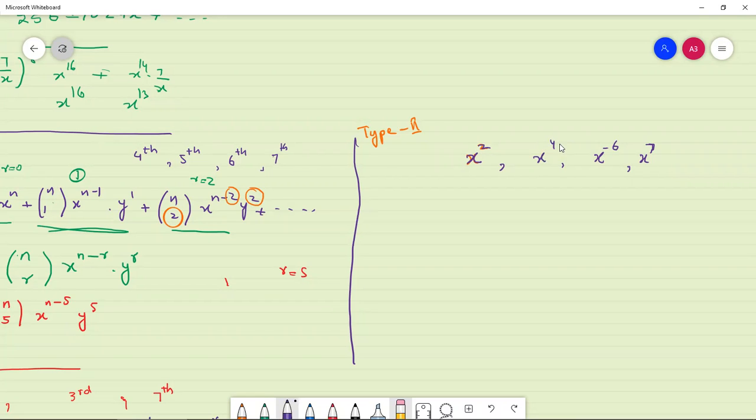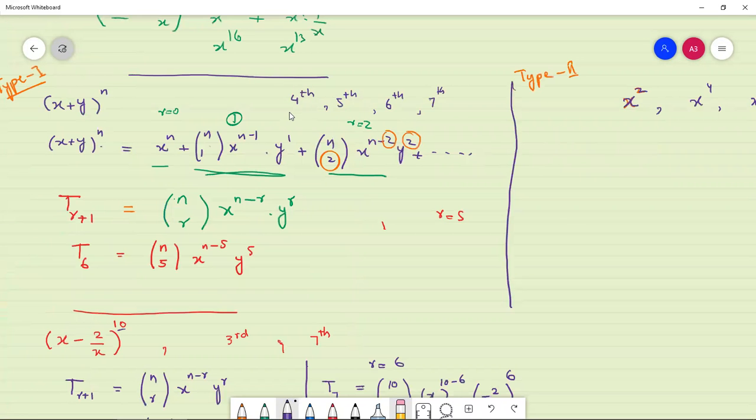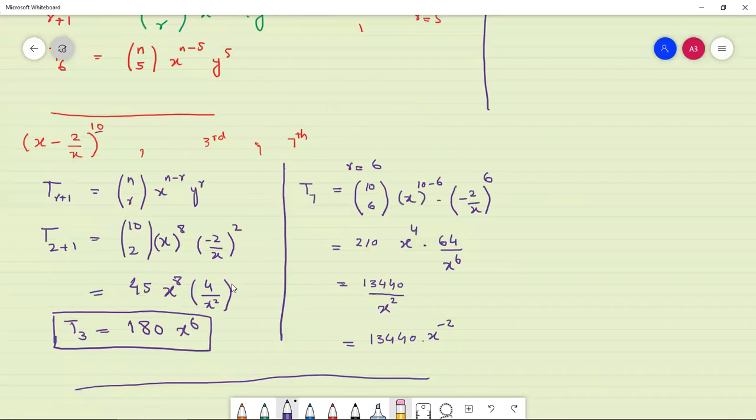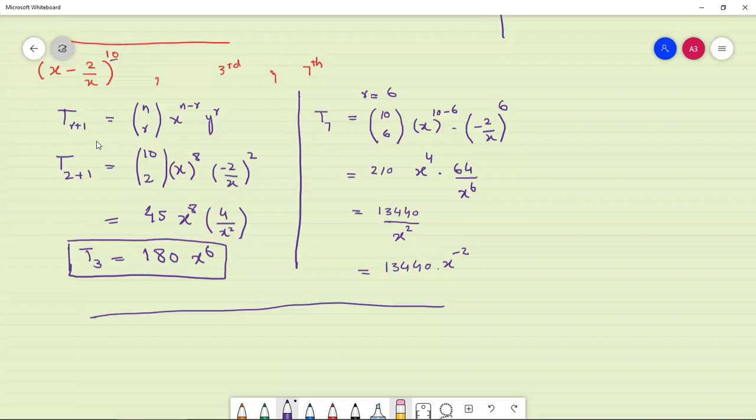R represents the label of the term. Like here, if we find the sixth term, we put r equal to 5. If we just find the third term in the sequence, the value of x is x power 6.